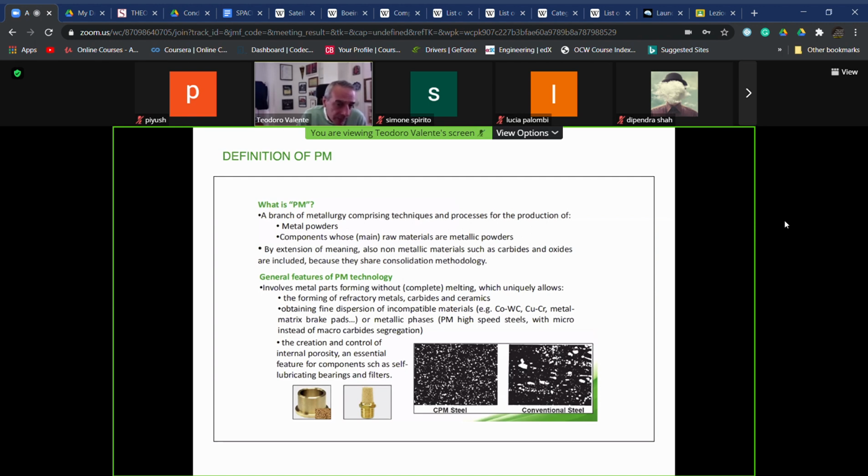And this, for example, allows us to control the porosity, which is an essential feature for components like lubricated bearings, because we can put a solid state lubricant inside these voids, because they are essentially voids, in the sense that no material is inside.